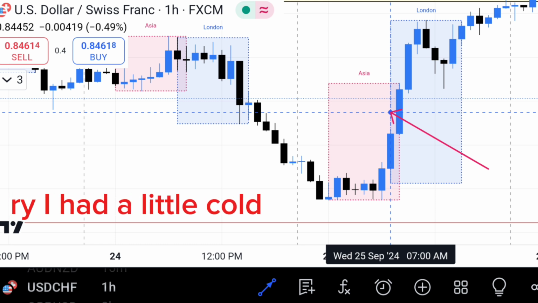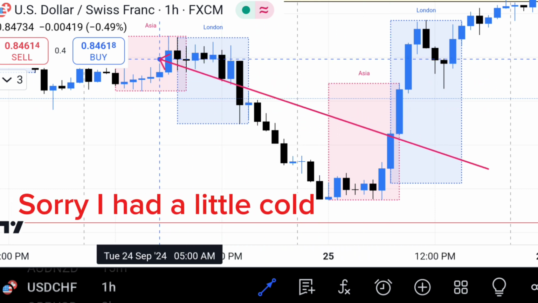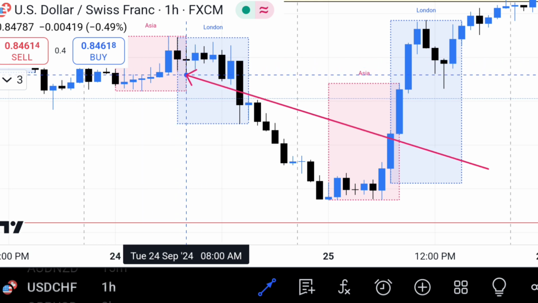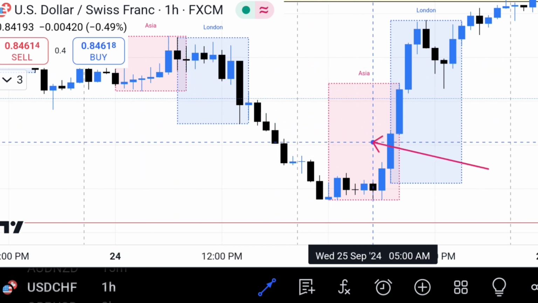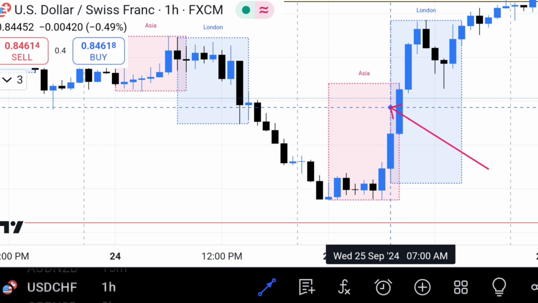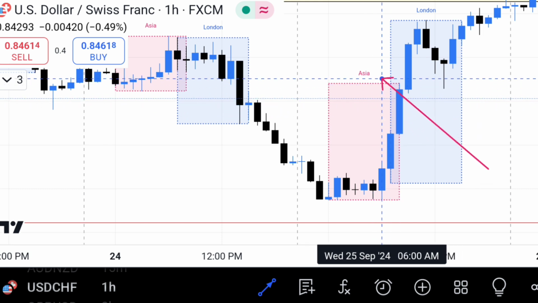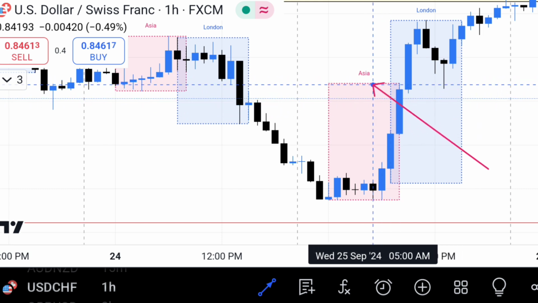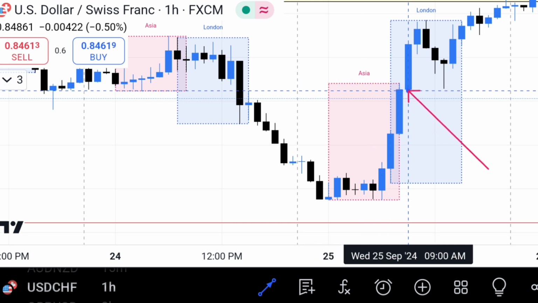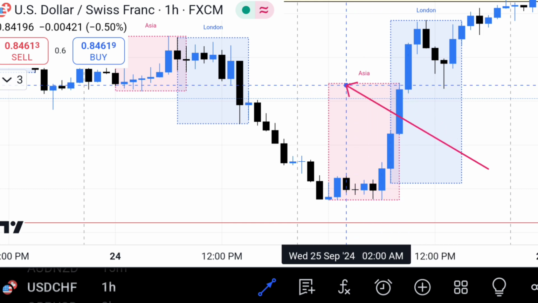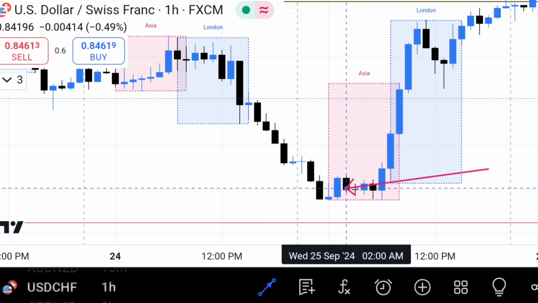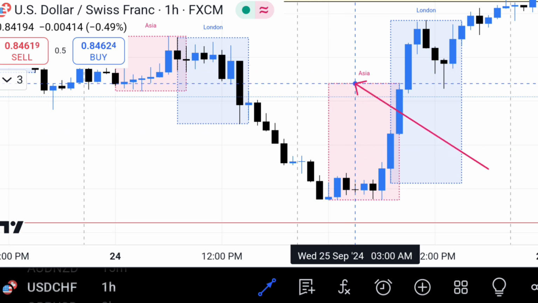This strategy works mostly on the dollar pairs, the pairs that are attached to the dollar. So what you're going to be looking for is the Asian range. When I talk about the Asian range, I mean the high and the low of the Asian session, from where the Asian time started to where it ended.